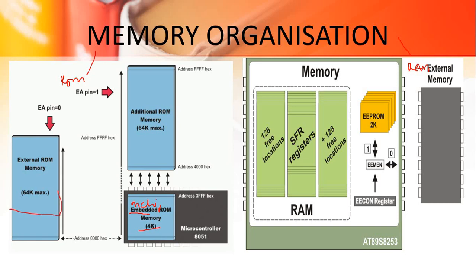Additionally, we can take 64 KB externally. Similarly, in RAM we have 128 bytes of internal RAM, and I can additionally extend it externally up to 64 KB. This is the basic memory organization unit.